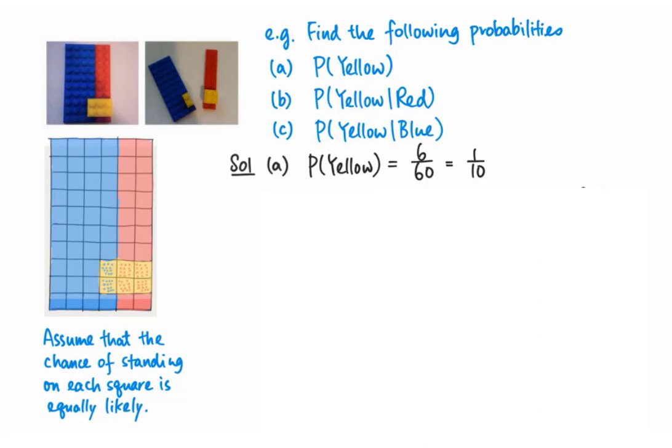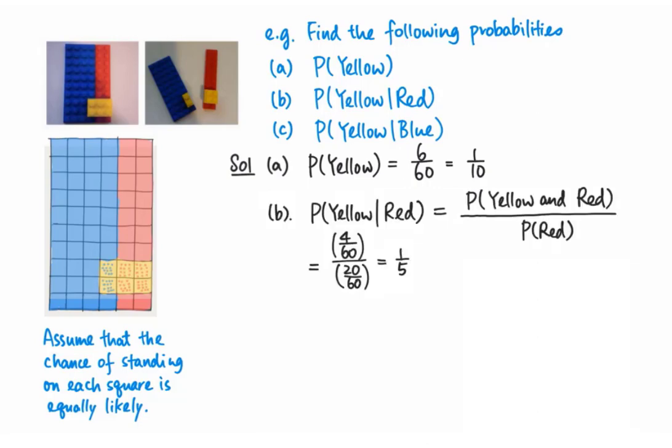So the probability that the square we picked has yellow color on it will be the total number of squares which have yellow color on it over the total number of squares in this rectangle. This gives 1/10.